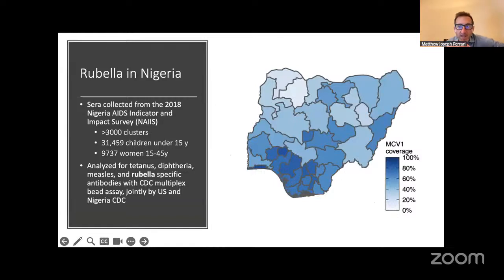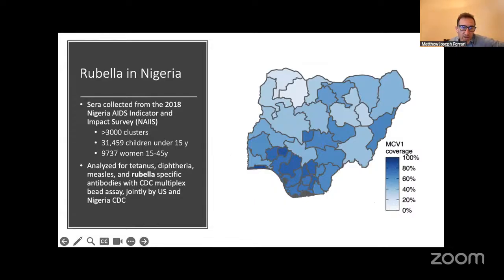So at the time, Nigeria still has yet to fully introduce rubella vaccination, but is in the process of planning and implementing rubella introduction. Notably, Nigeria is enormously diverse, has strong gradients from south to north.